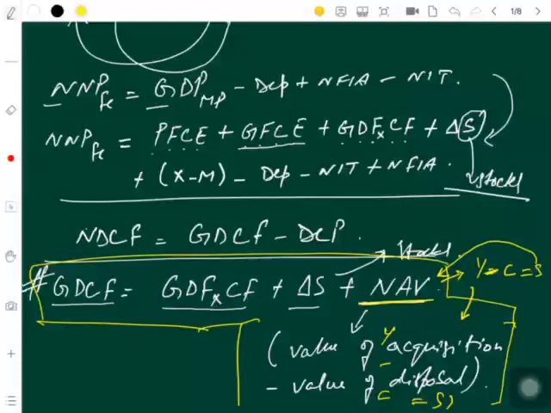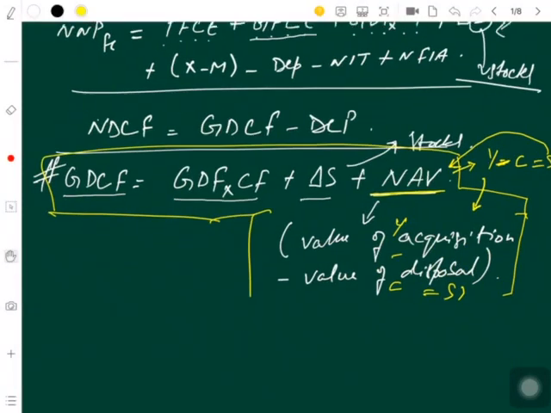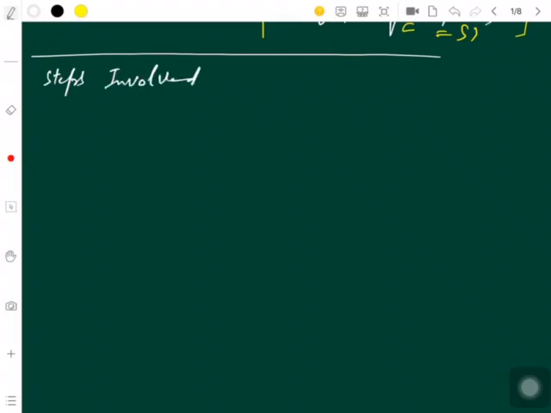Any method of calculating national income, the second thing we will now talk about is the steps involved. Here, the steps involved in the measurement of national income through the expenditure method. The steps are almost alike, what we have been talking about.